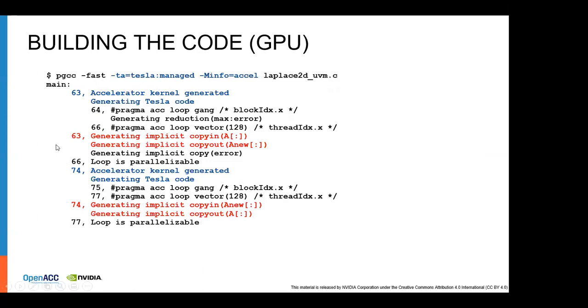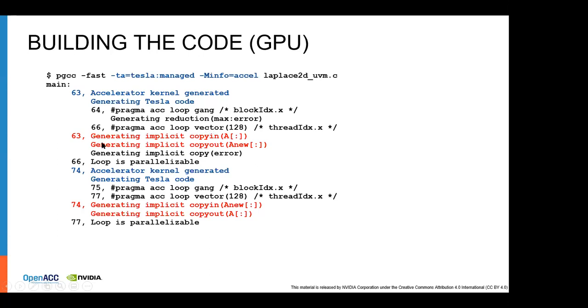You see that now we are generating Tesla code, and it's printing some information: pragma acc loop gang, and we will see later what that means. It's still generating a reduction operation, saying it also vectorized some loops, and we will see later.